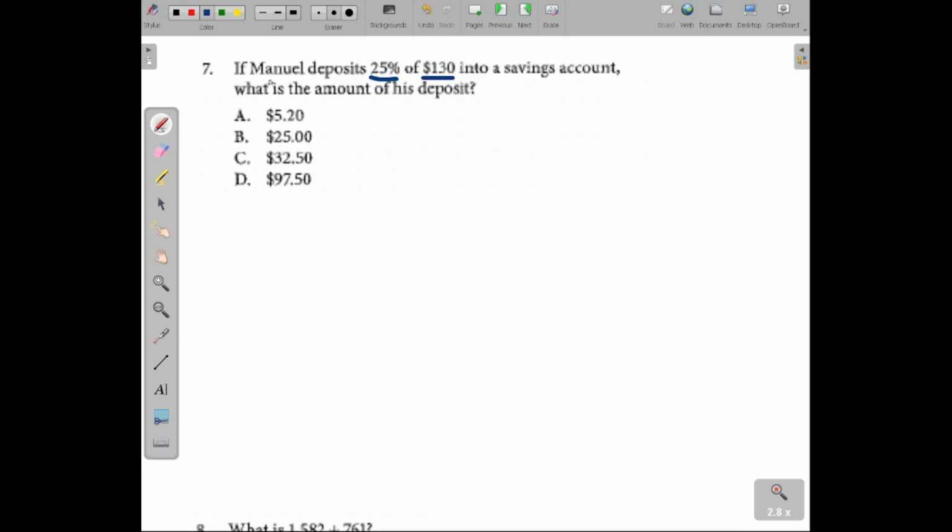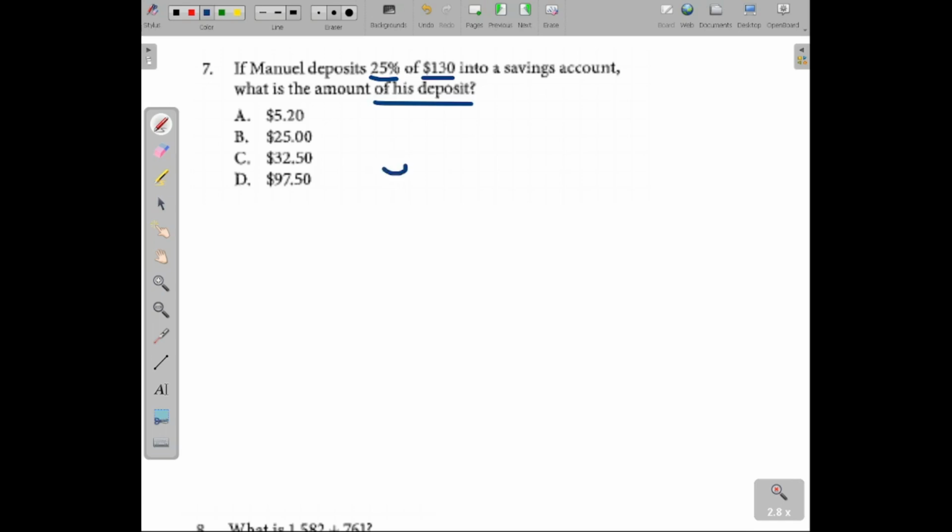7. If Manuel deposits 25% of $130 into a savings account, what is the amount of his deposit? So we want to find what is 25% of 130. And this is the rule of 3.